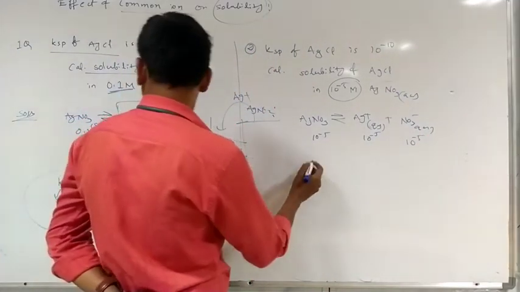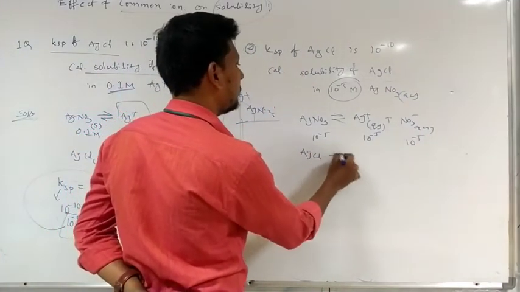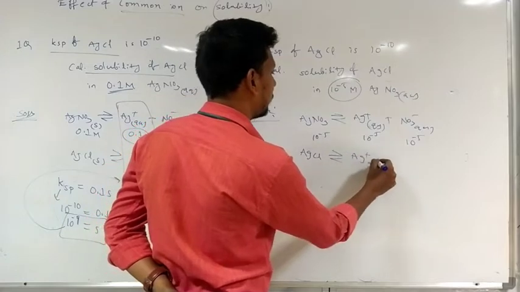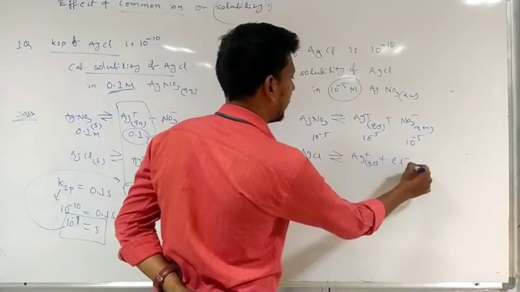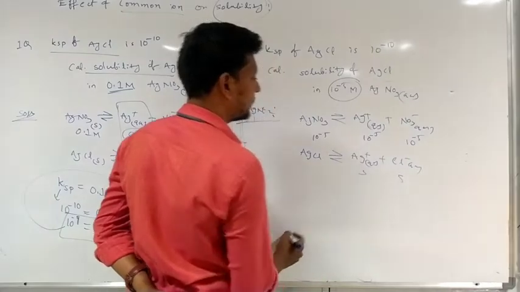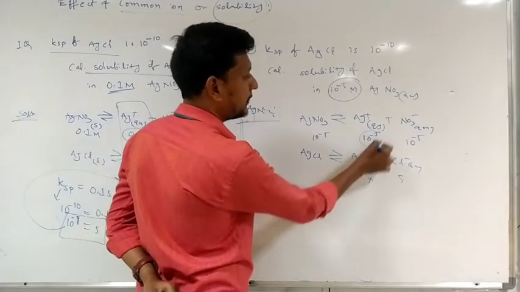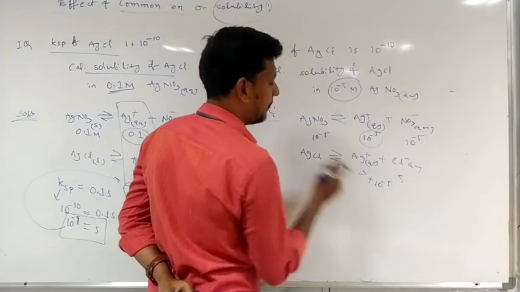Next is AgCl in equilibrium with Ag+ aqueous plus Cl- aqueous. Here S, and to this one I am adding this term, 10 to the power minus 5.